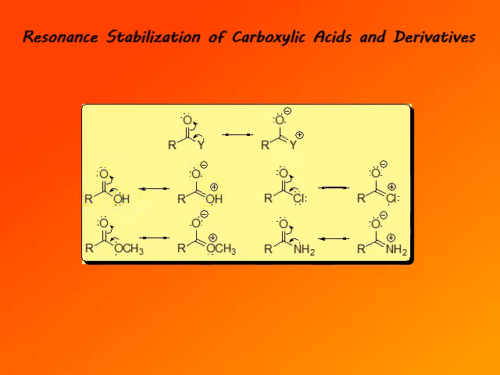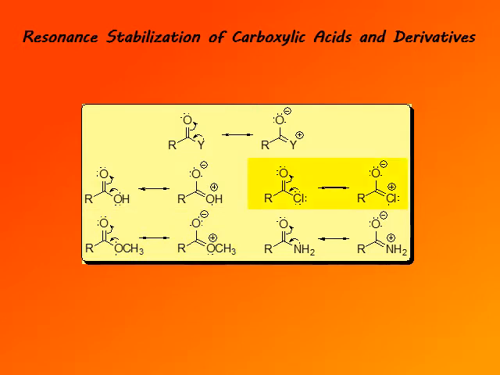The same type of electron delocalization, or resonance stabilization, is observed in esters. That results in somewhat greater stability and frequently a little bit lower reactivity compared to aldehydes and ketones. These two examples of carboxylic acids and esters are more or less typical examples in terms of electron delocalization.